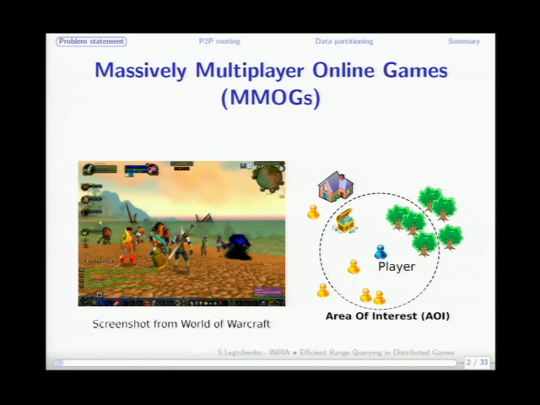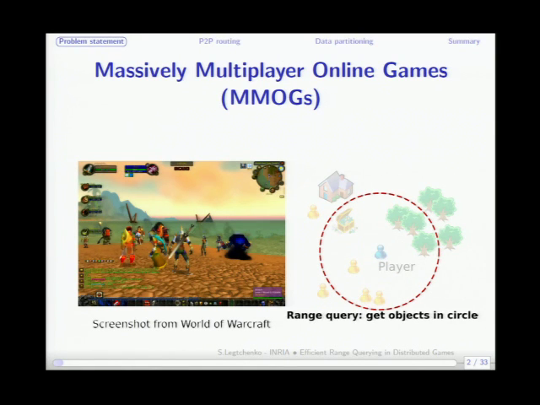However, at each given moment, it only sees objects that are located inside the so-called area of interest that surrounds the player. And the MMOG application has to guarantee responsiveness of the area of interest for each player. That is, all objects that are located inside the area of interest of a player should be displayed with very low latency.